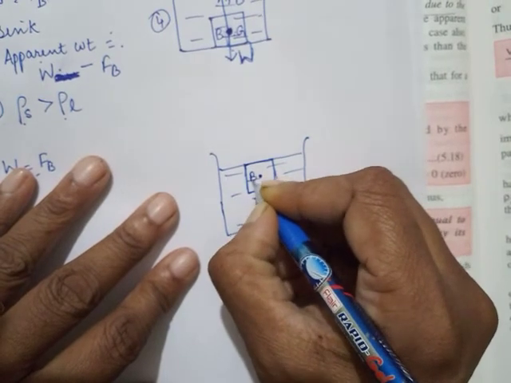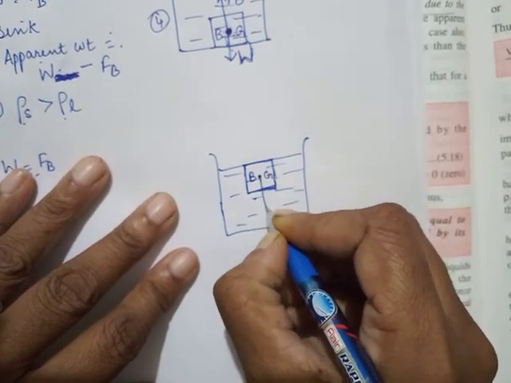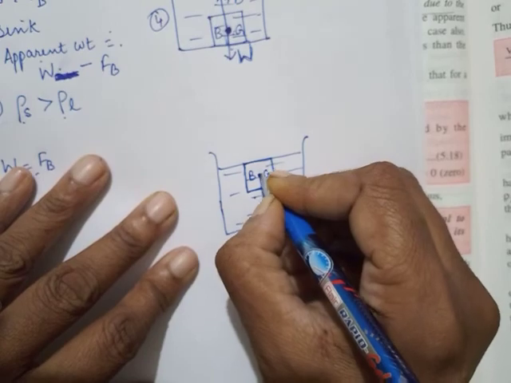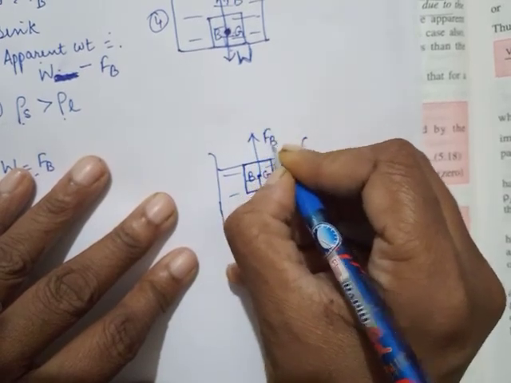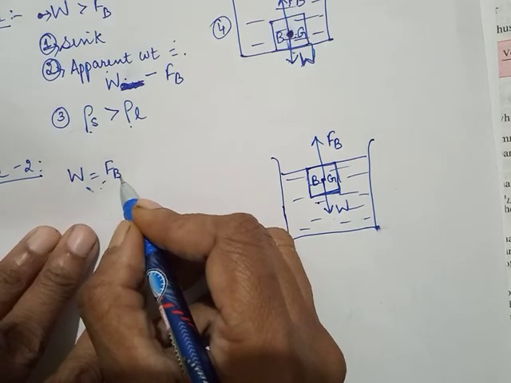Again, B and G are the same points. Weight will be acting from here, FB will act from here, and W will be equal to FB.